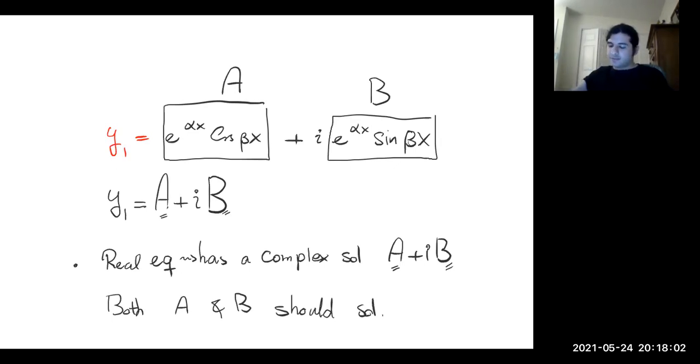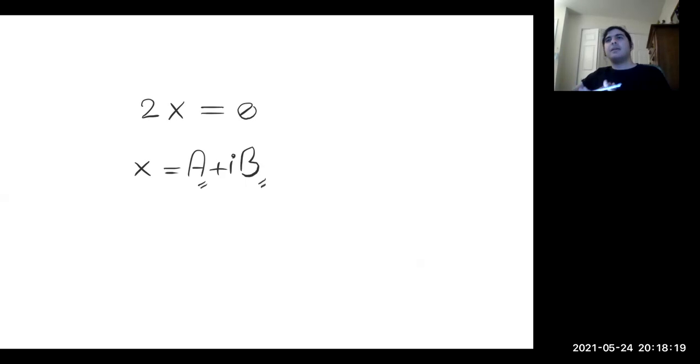Well, a very, very simple example. Suppose 2x equals 0. Suppose x is a complex number. If 2x is equal to 0, it means if x is A plus IB, both A and B should be solutions to this equation.